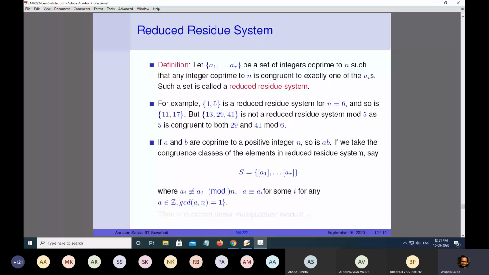In other words, these equivalence classes will have multiplication, and they will have a multiplicative identity also, because 1 is always co-prime to any integer. It will be closed under multiplication, just like ordinary integers under multiplication, which have an identity element: you multiply by 1, you get back the same.